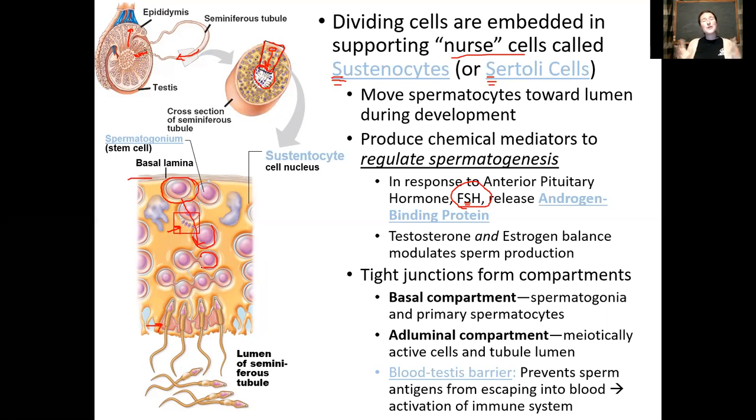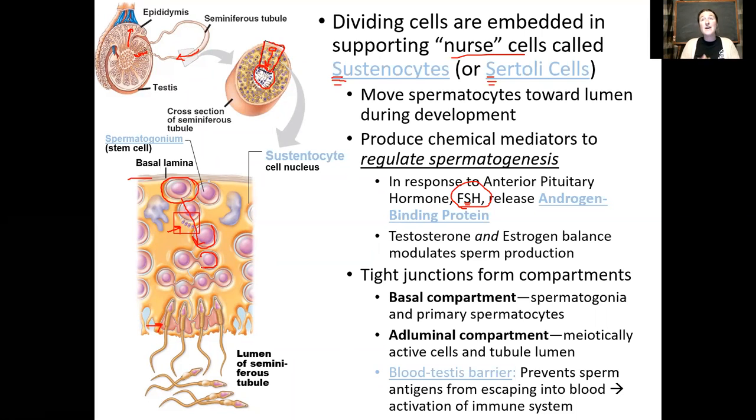Right, so this is really important because in a man or in a male, his immune system develops, learns self versus non-self within the first couple months of life, just like anybody else. But at that time, he is not completing spermatogenesis, right? So those immune system cells are never taught that, hey, these sperm over here, they're okay, right? Don't attack them. Okay, spermatogenesis doesn't actually begin until puberty.